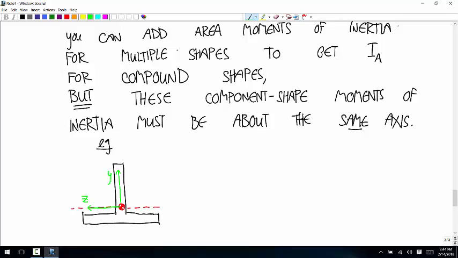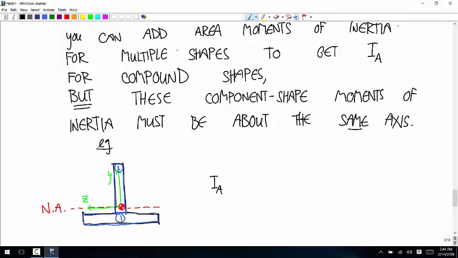Z, Y. And so if we break this up into two pieces, like let's call this rectangle 1 and call this one rectangle 2. And this line here is the neutral axis.